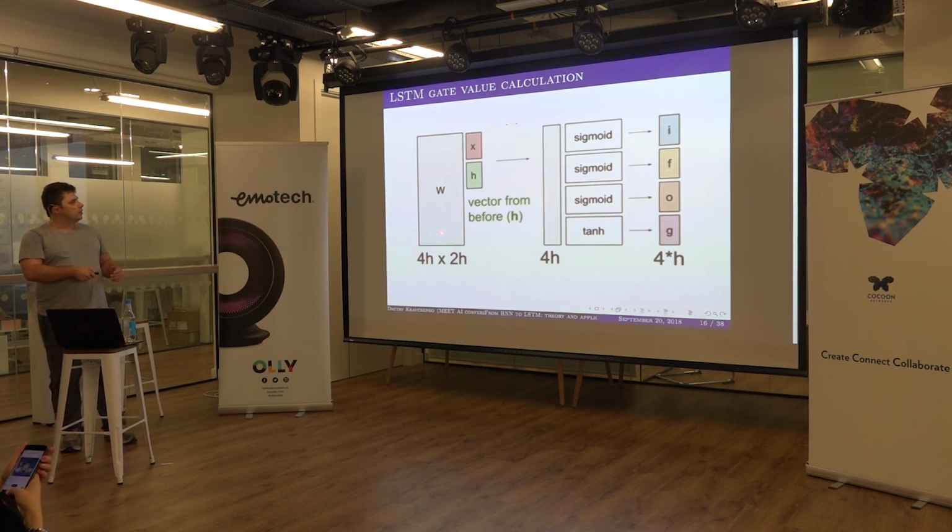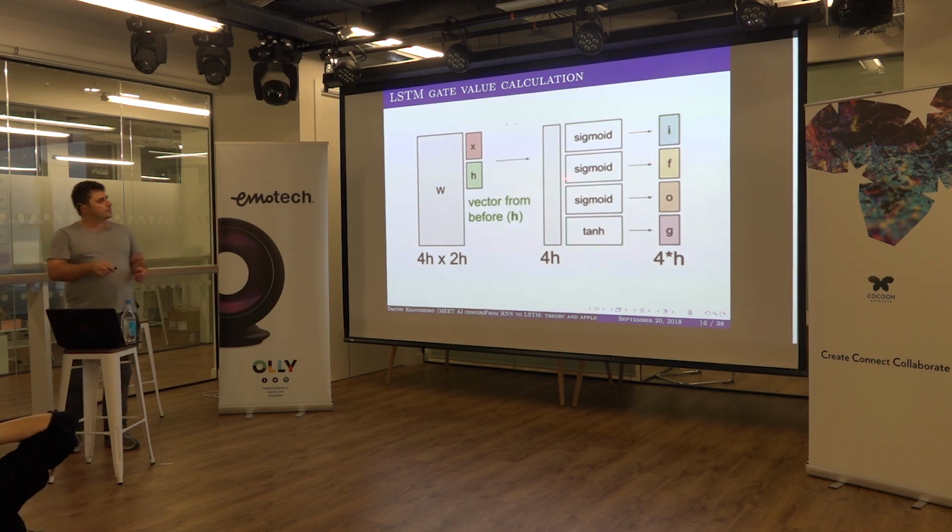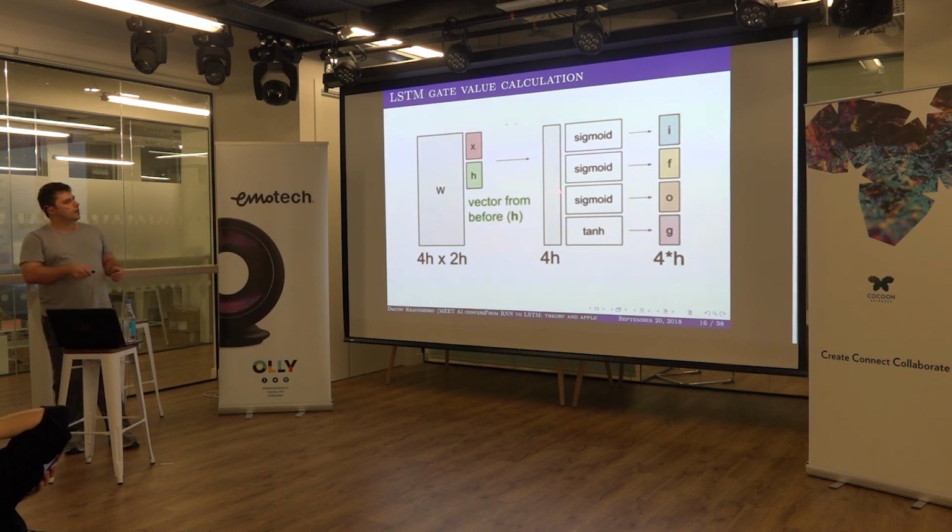Usually we use one matrix because it's easier to calculate in such a way, and we stack the vector xt of size h on the vector ht minus 1 with size h, and multiply by this matrix W, and this gives us a vector with the size 4h.